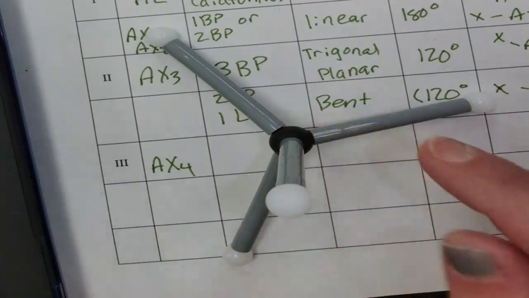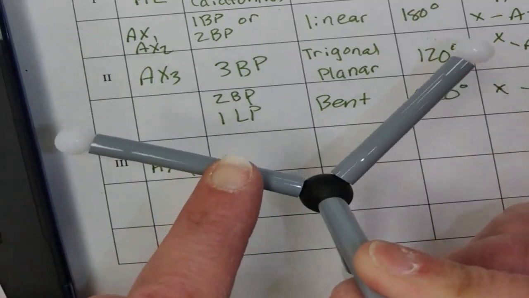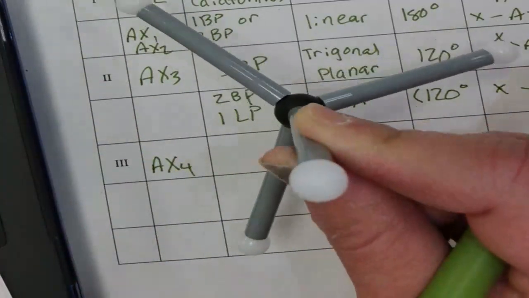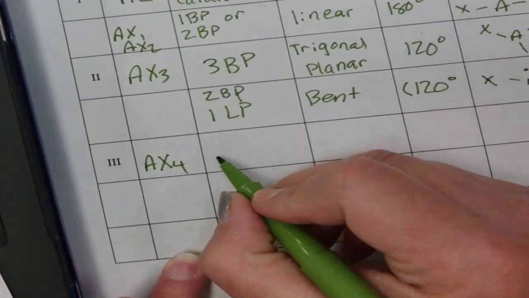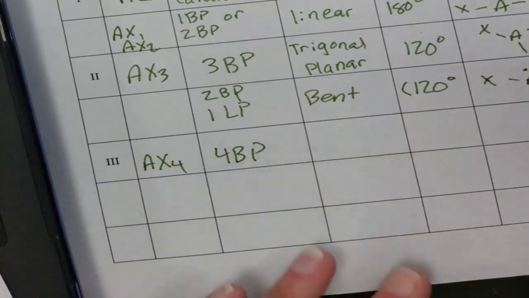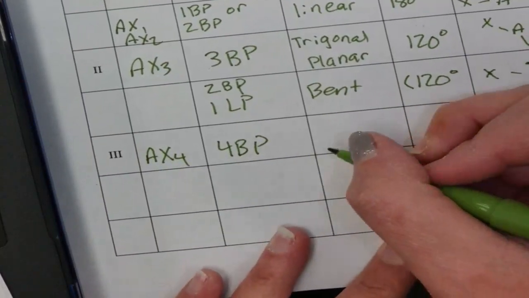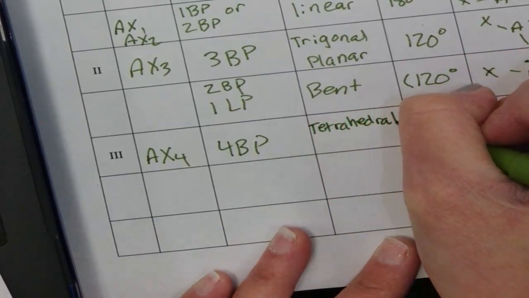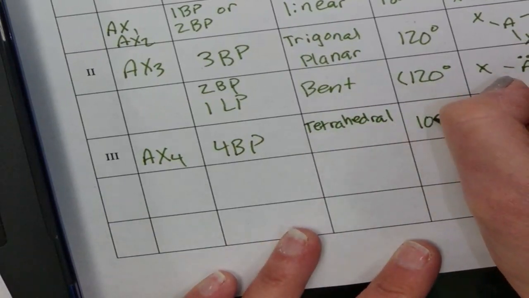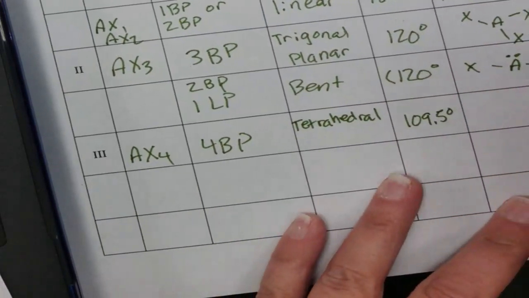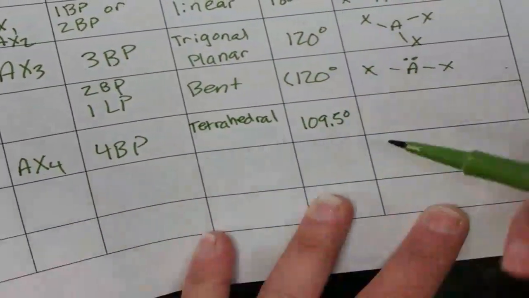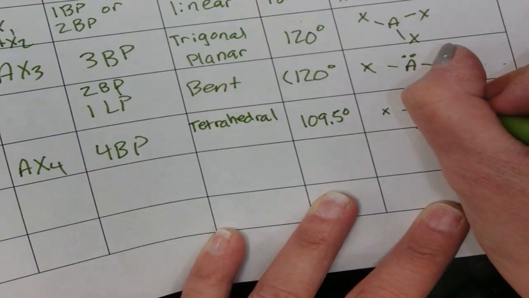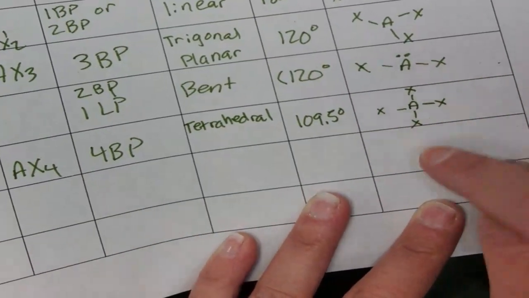Now, I have 1, 2, 3, 4 bonds, 4 bonding pairs. If it has 4 bonding pairs, we say that it is tetrahedral. And we are going to have a bond angle of 109.5 degrees. And we would draw it with A in the center, and our elements represented by X surrounding the central atom, which is the A.